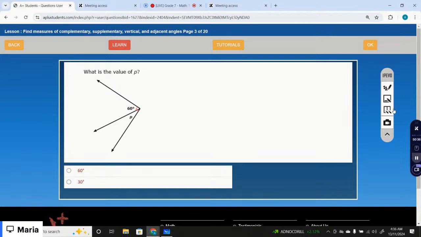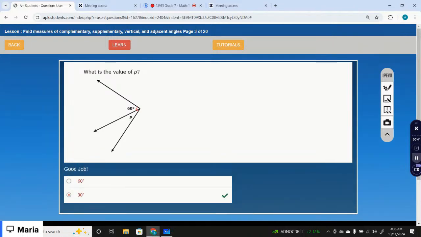The angles sum to 90 degrees, right? So 60 plus 30 is 90 degrees. The correct option is 30 degrees.